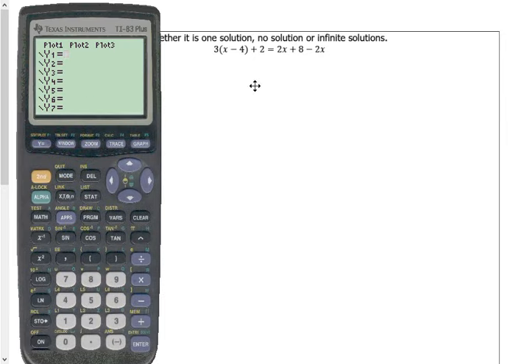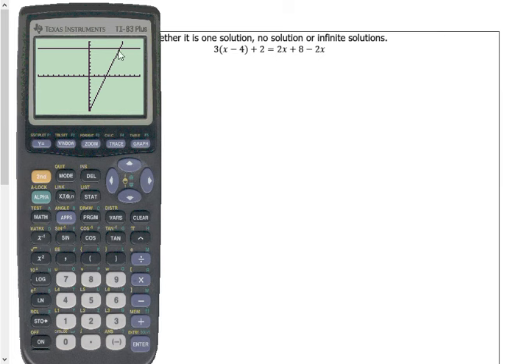But what I'm talking about is that this left side, we type in, and then the right side we type in. And when I look at the graph of this, there we go.